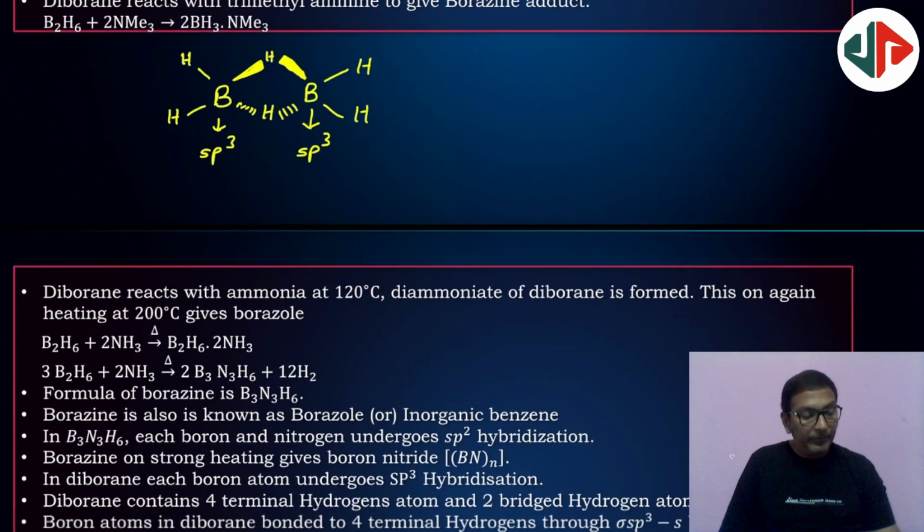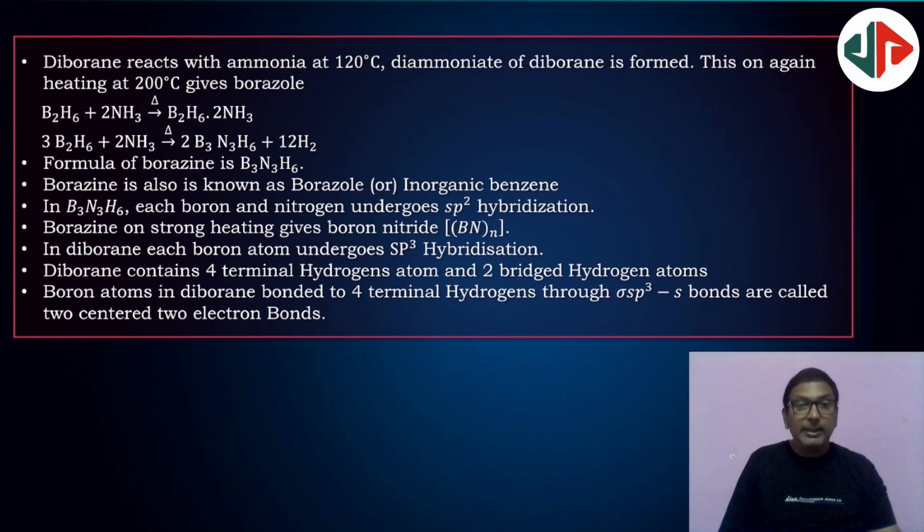Next. So diborane, next property, reacts with ammonia at low temperature to form diammoniate of diborane. Diammoniate of diborane at low temperatures. Next, which on heating at 200 gives borazole or borazine or inorganic benzene.